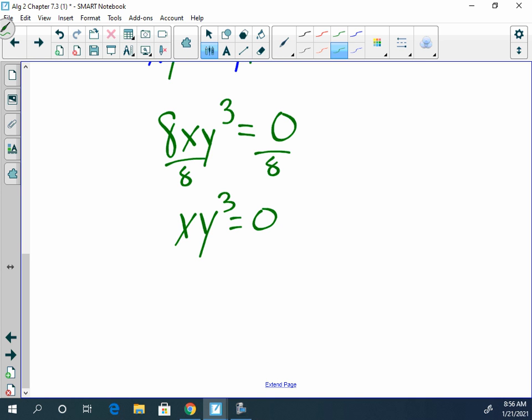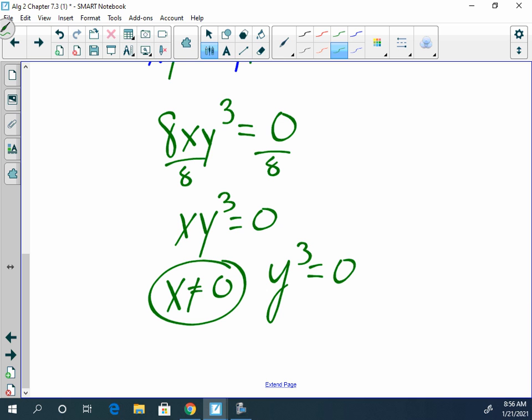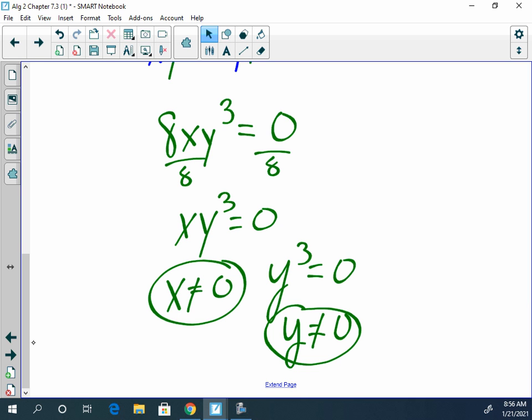Our zero product property says any two or more things multiplied together equals 0, one of them has to be. So we're saying x is equal to 0 or y to the third is equal to 0. X cannot be 0. And if we cube root both sides, it's just saying that y cannot be 0. So it works out either one of these cannot be 0. Questions on this here? Are we good with this here? Yes? Okay.